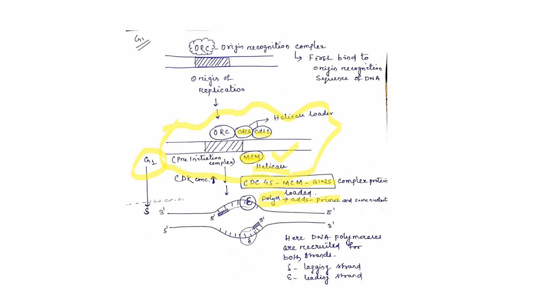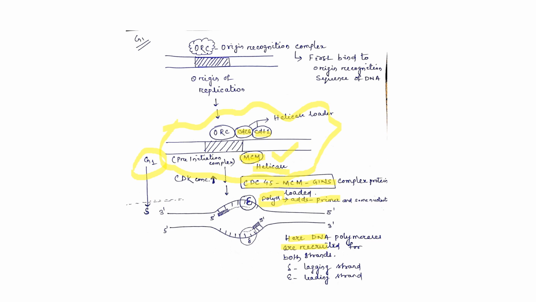So after that, DNA polymerases are recruited for both strands, because in prokaryotes, DNA polymerase 3 can polymerize both strands, but in eukaryotes, for the lagging strand they have DNA polymerase delta, and for the leading strand they have DNA polymerase epsilon.